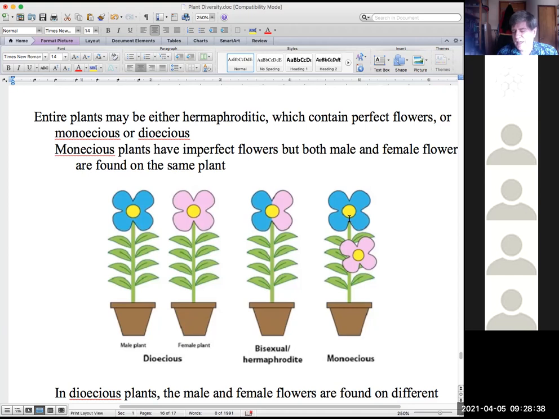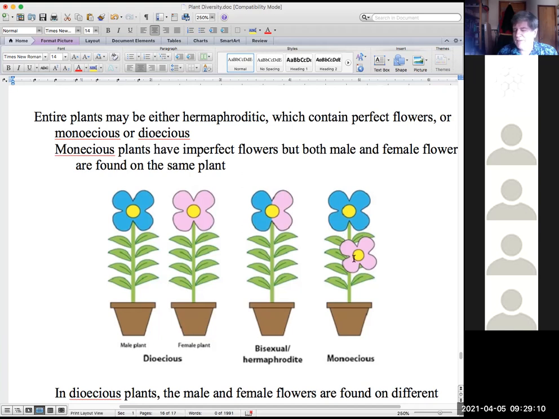Monoecious plants have both male, indicated by blue, and female, indicated by pink, flowers on the same plant. Or they have flowers that have male parts and female parts. Notice that this flower that's labeled bisexual, hermaphrodite, would be a plant that has a perfect flower.